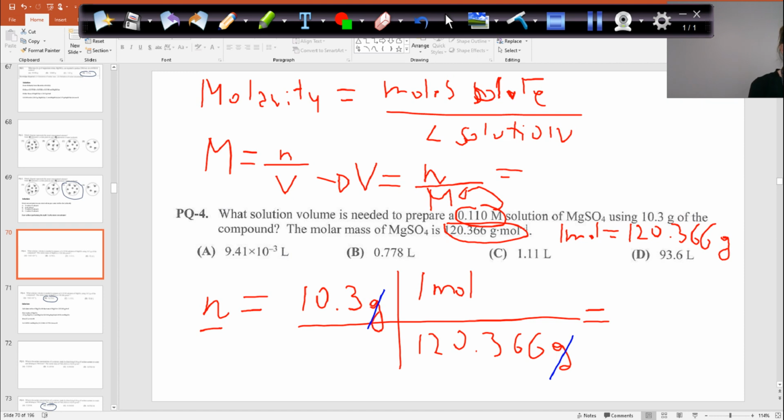So this gives me 8.08557. This is moles. This is what you get from here.